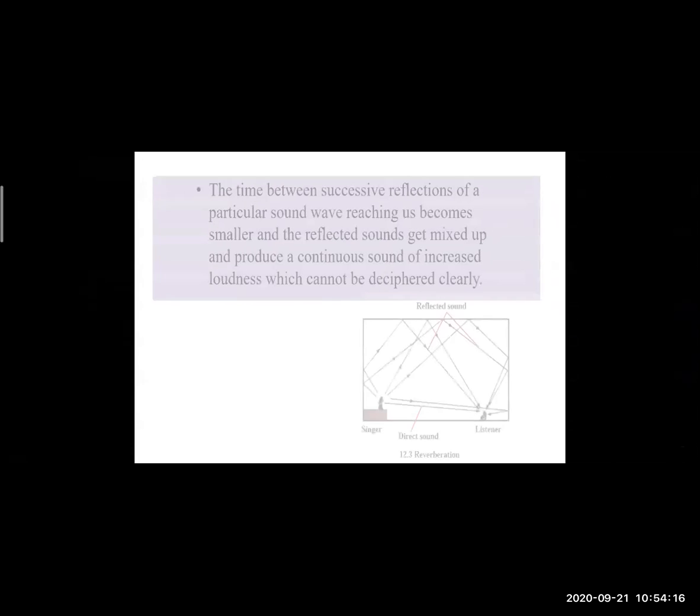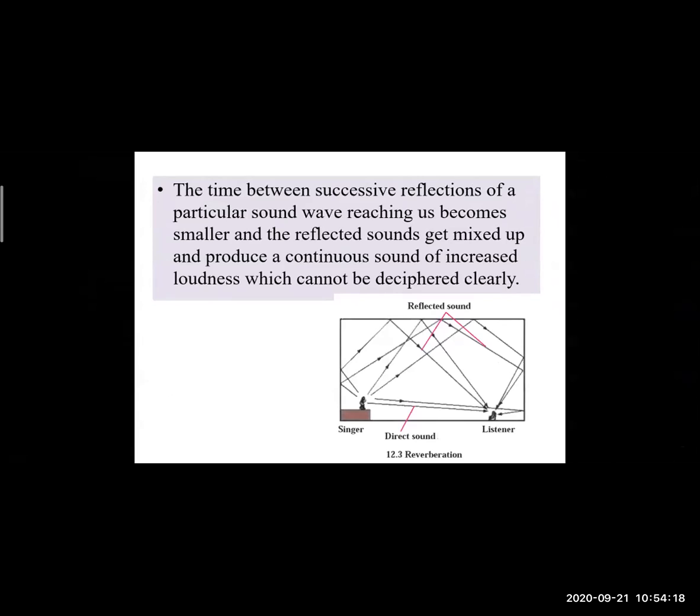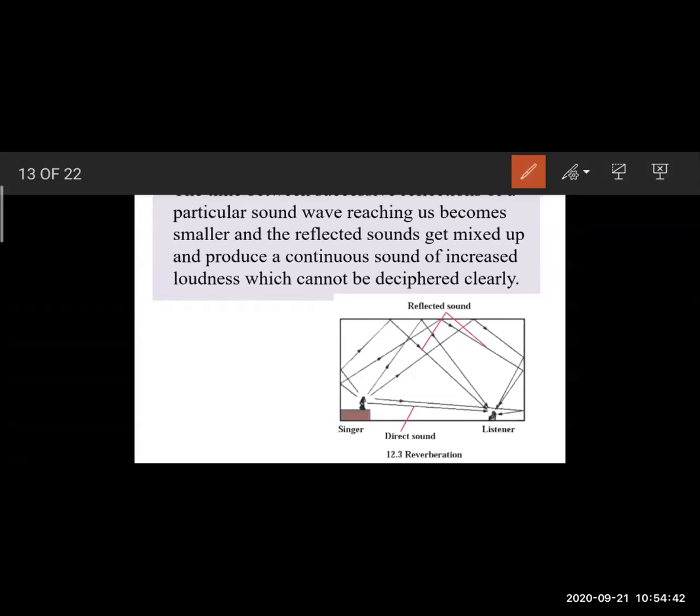To clear the concept, the time between the successive reflections of the particular sound waves reaching us becomes smaller, and the reflected sounds get mixed up, producing a continuous sound of increased loudness, which we cannot distinguish clearly.